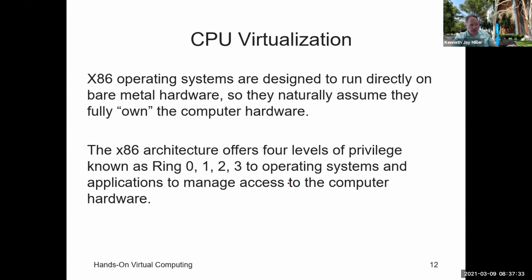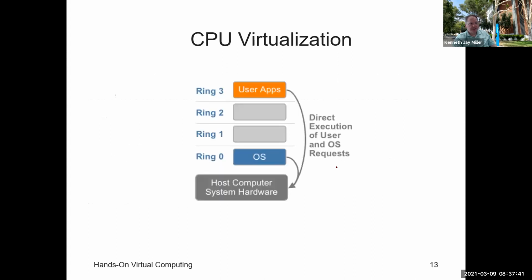The hardware at the CPU has ring 0, ring 1, ring 2, and ring 3. So what this allows is for things to have what are known as levels of privilege. At ring 0, it is directly connected, so that's the area of the system that can communicate directly to the hardware.